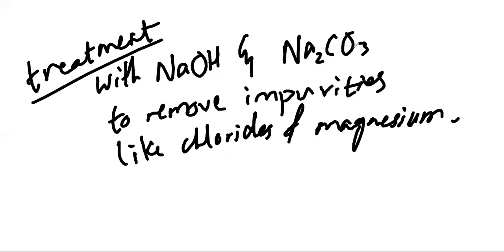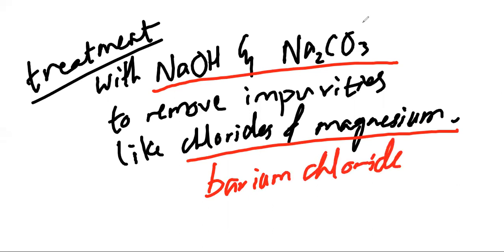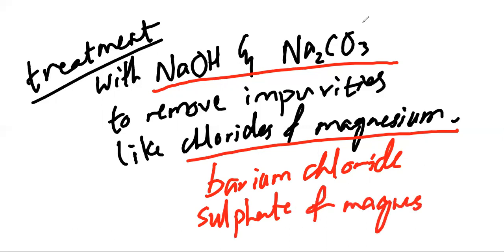Chlorides of magnesium are removed with NaOH and sodium carbonate, while barium chloride is used to remove the impurities of sulfates of magnesium. These things you have to remember for your ECAT test in the Downs cell process.